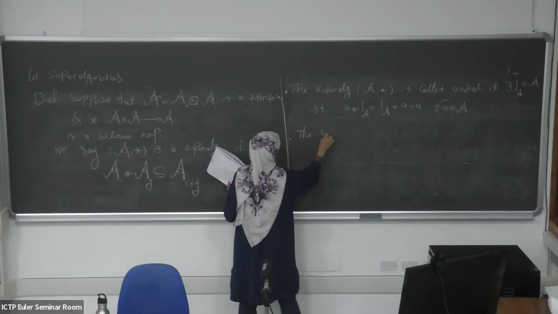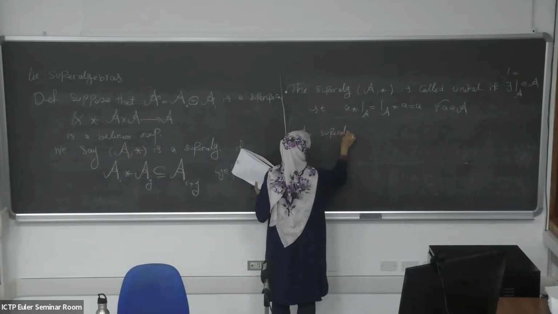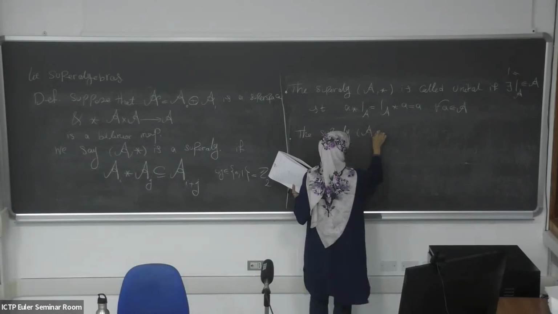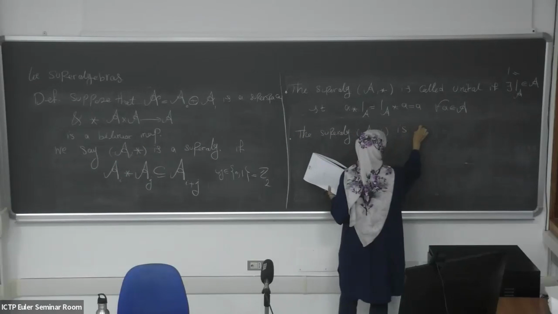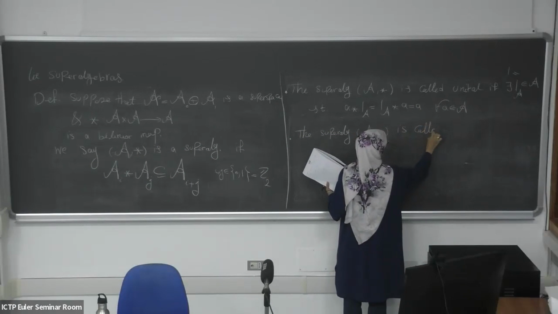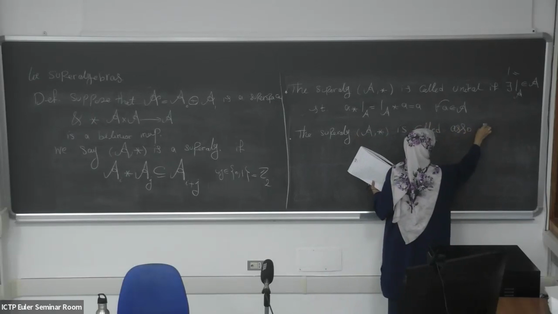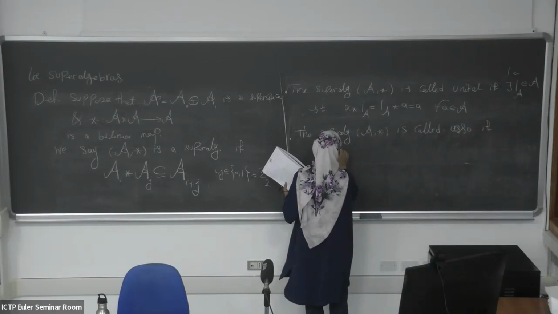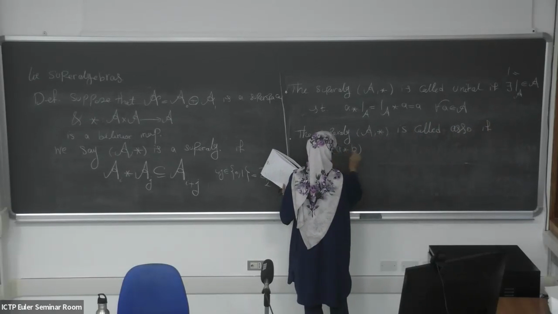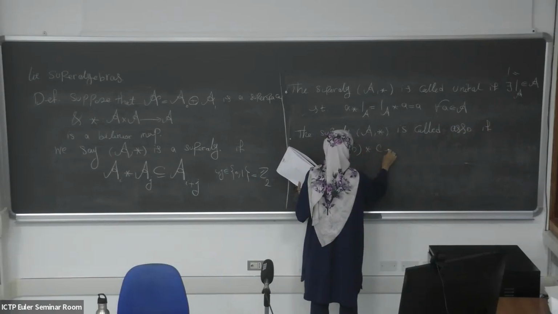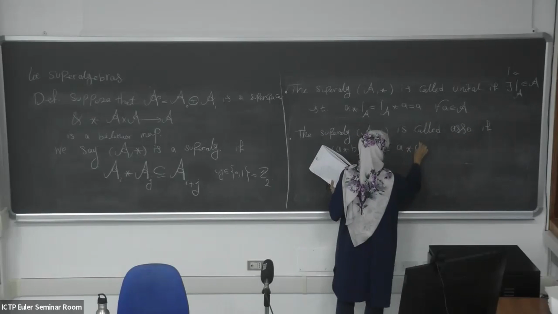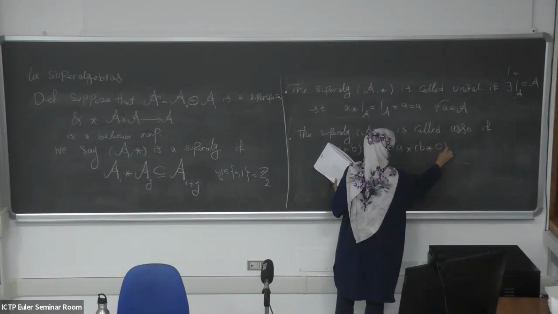The superalgebra (A, star) is called associative in the usual sense if (a star b) star c equals a star (b star c).